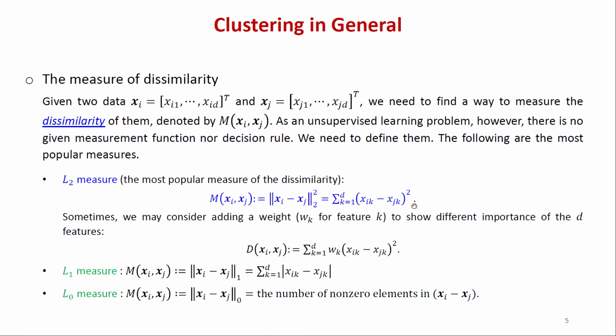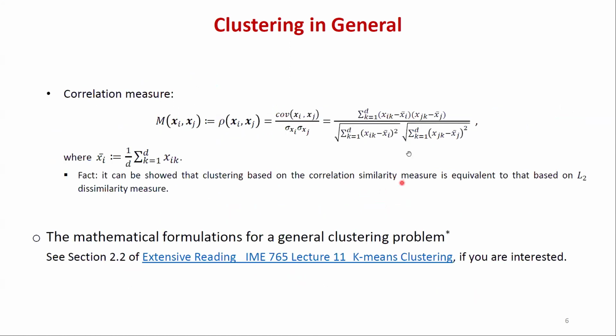And of course, you can sometimes consider weights, meaning that different features can have very different importance. Of course, we can also use the L1 norm or L0 norm. And if you want, you can still put a weight parameter wk here. Okay.